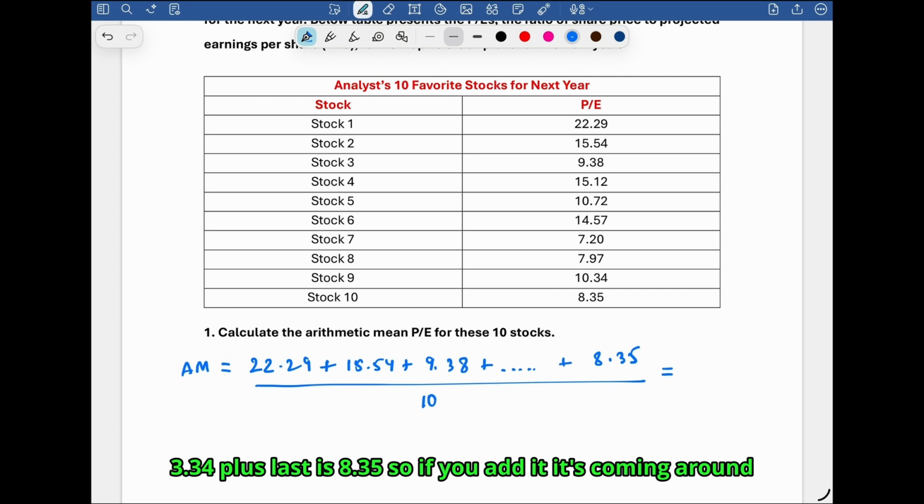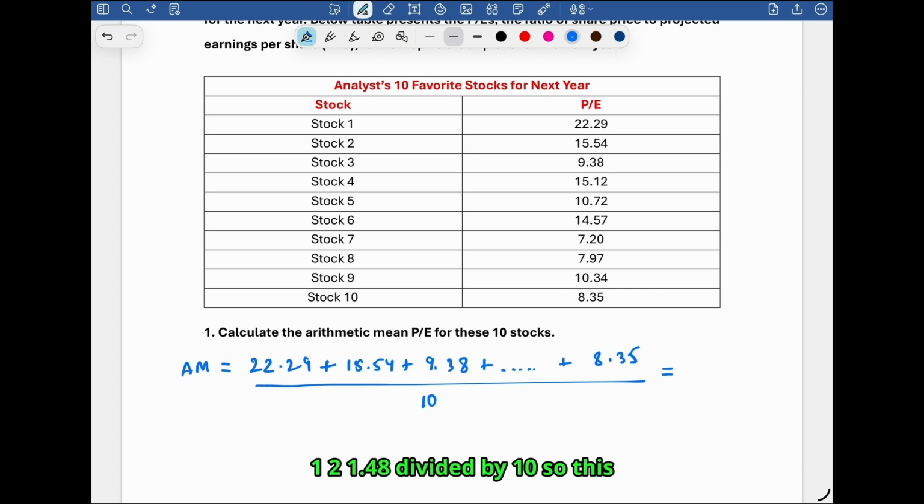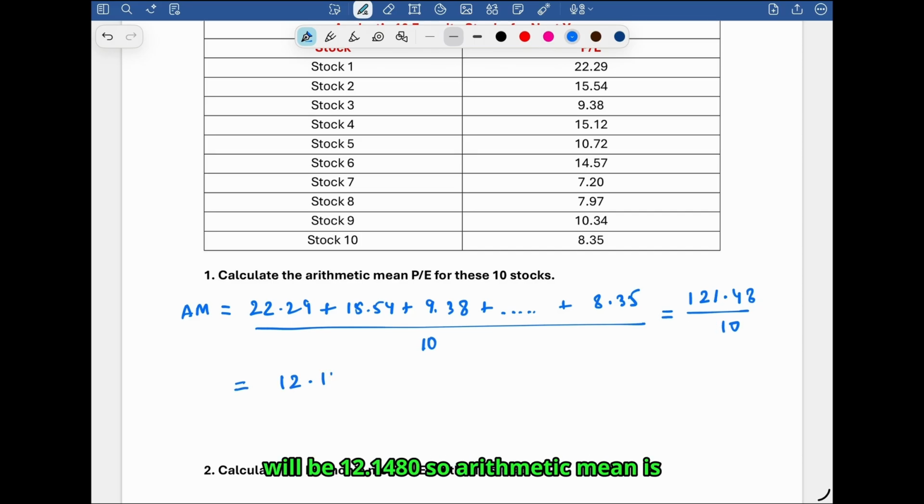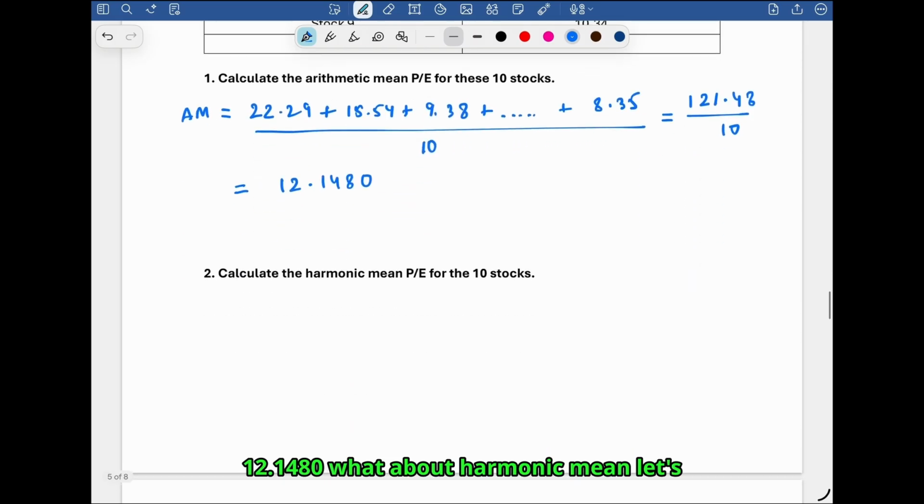If you add it, it's coming around 121.48, divided by 10. So this will be 12.1480. So the arithmetic mean is 12.1480.